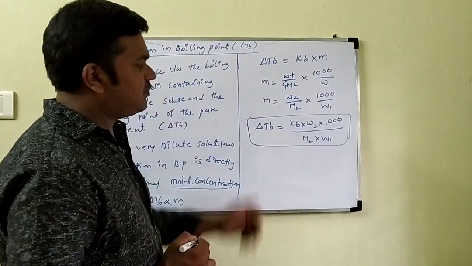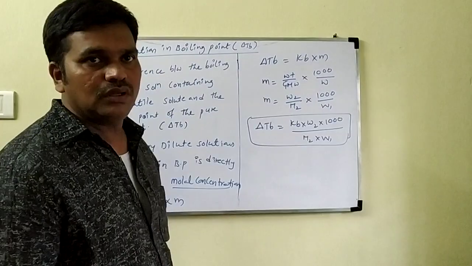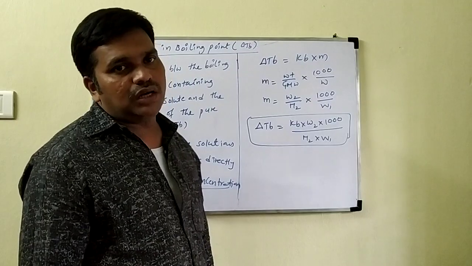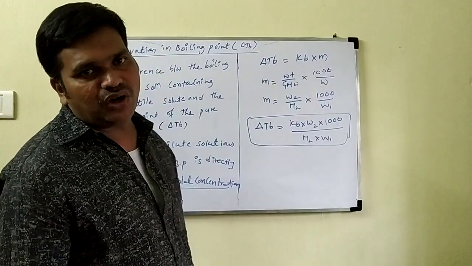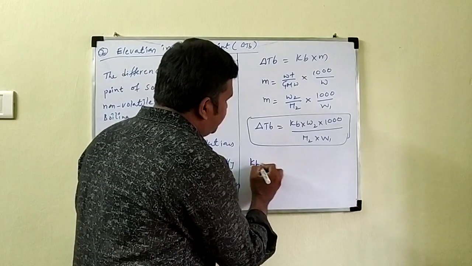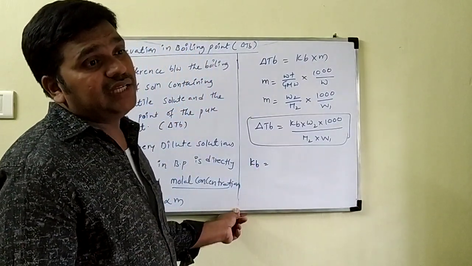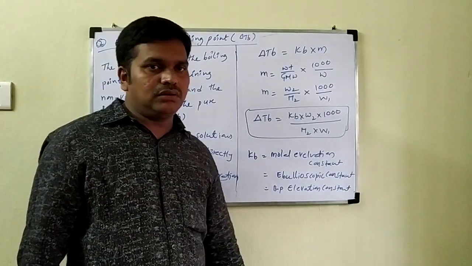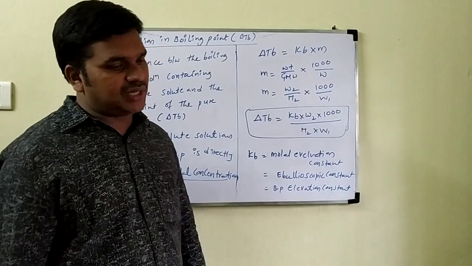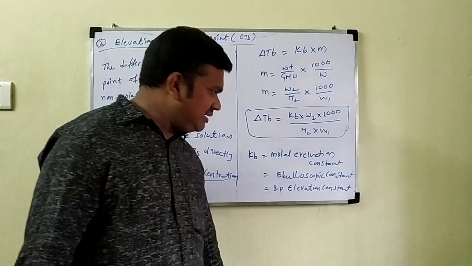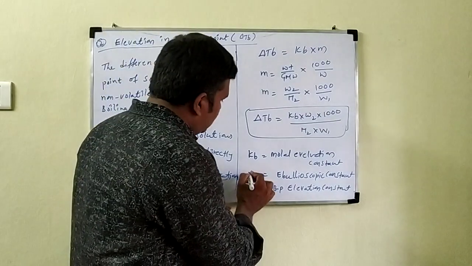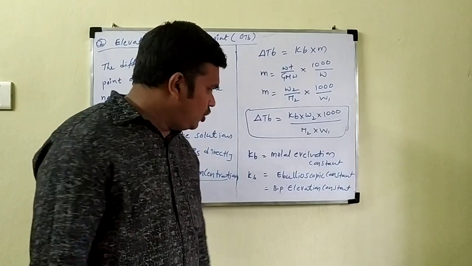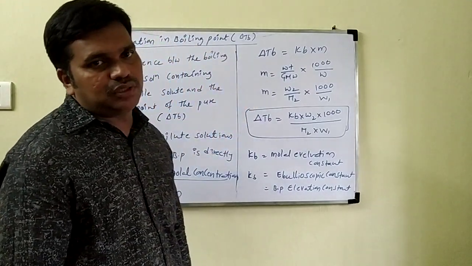So finally what is the formula you got? Delta TB is equal to KB into W2 into 1000 by M2 into W1. What I told here, KB is a constant only. The constant KB has different names. The first one is molar elevation constant, and KB we also call the ebullioscopic constant, and one more, the boiling point elevation constant.